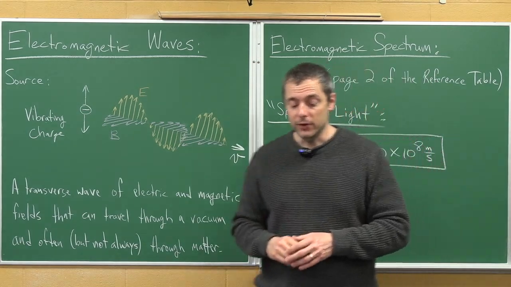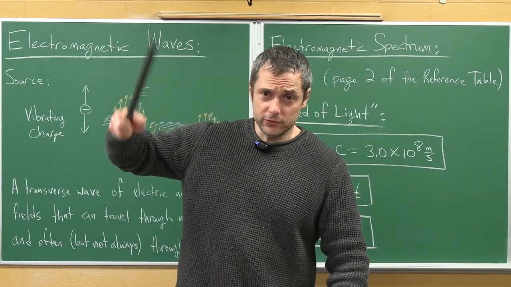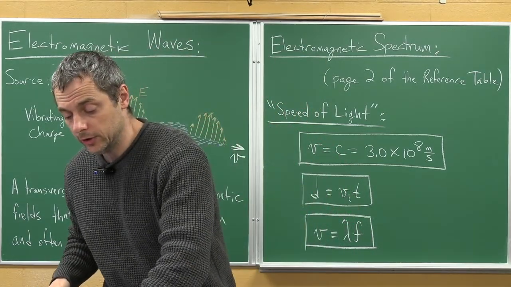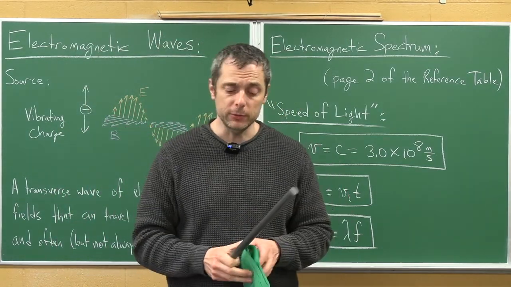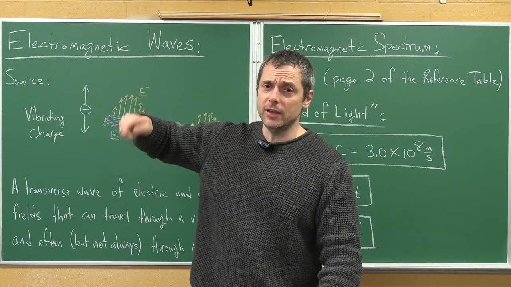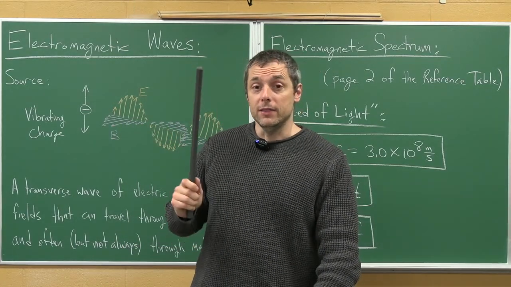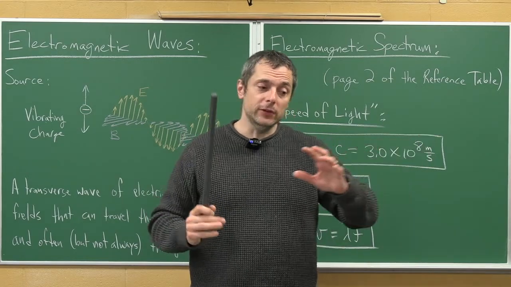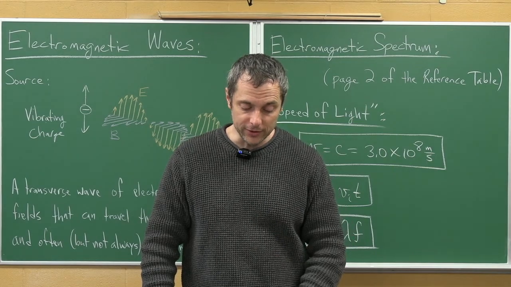All right, so very interesting though, because if I oscillate this rod at a certain particular frequency, then the wave will have that same frequency. In other words, if I oscillate this 10 times per second at 10 hertz then the wave of the electric and magnetic field as it's passing past objects will also have a frequency of 10 hertz.